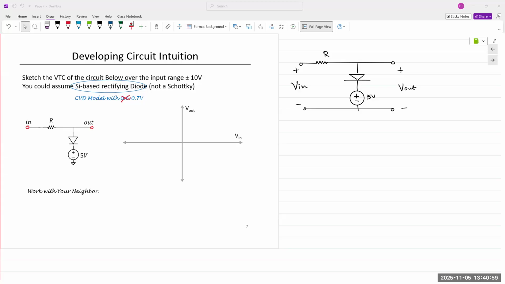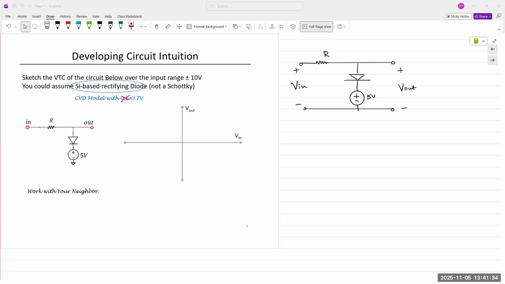Plus 5 volts is connected to the cathode, meaning the cathode is already at plus 5 volts. Now remember the condition: the anode must be equal to or higher than the cathode in order for the diode to turn on. So if the anode is less than 5 volts, the diode is off. That makes sense?